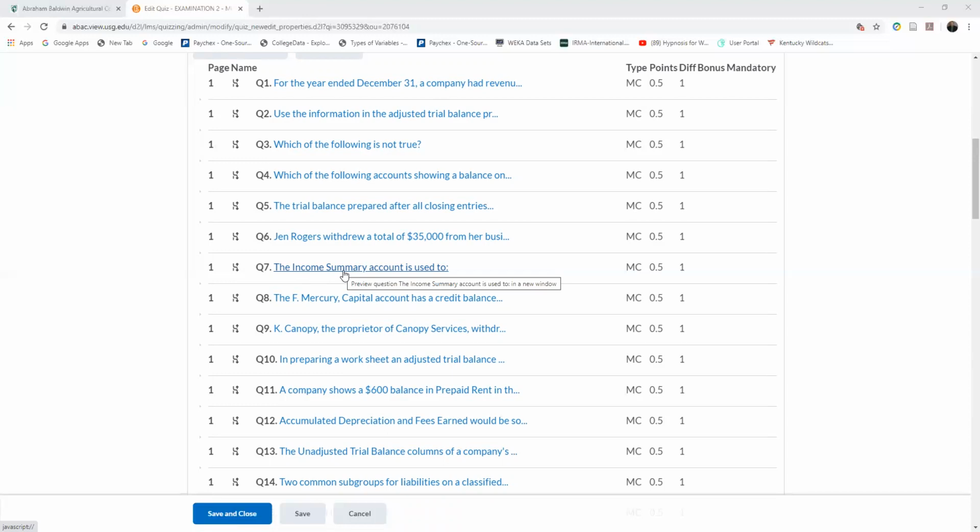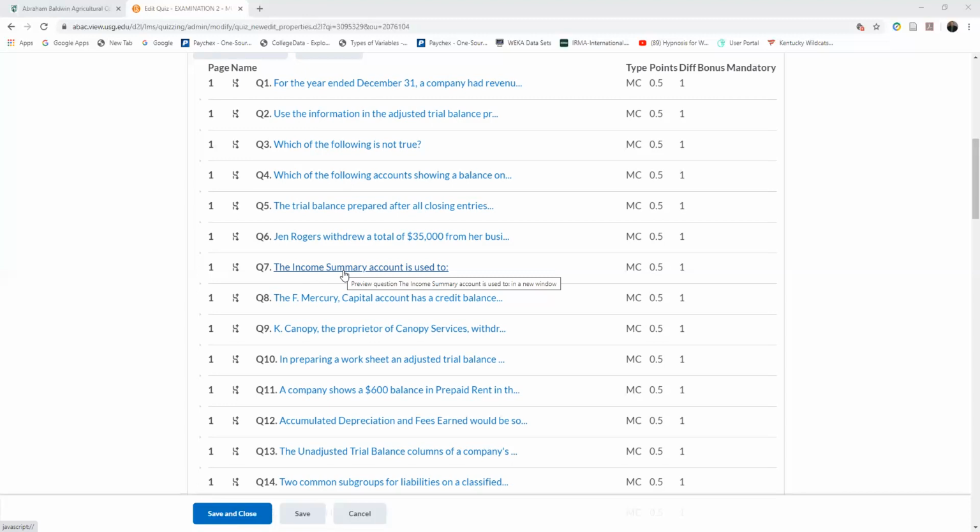So if you're debiting the income summary to close it out, then what you're also doing is crediting your equity. And the equity goes up on the credit or the right-hand side. So just keep that in mind.